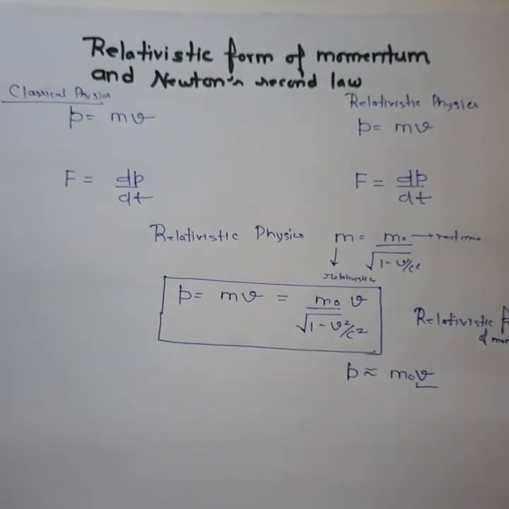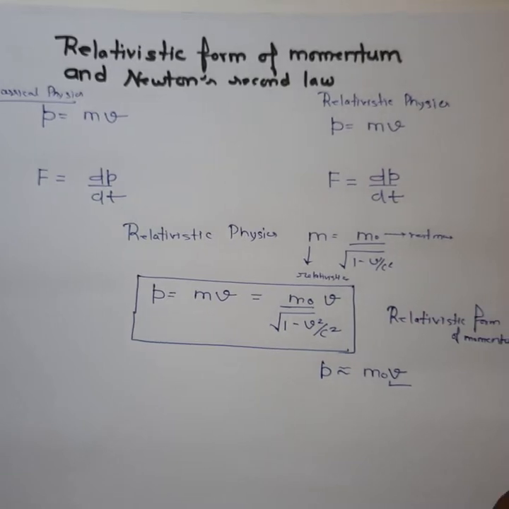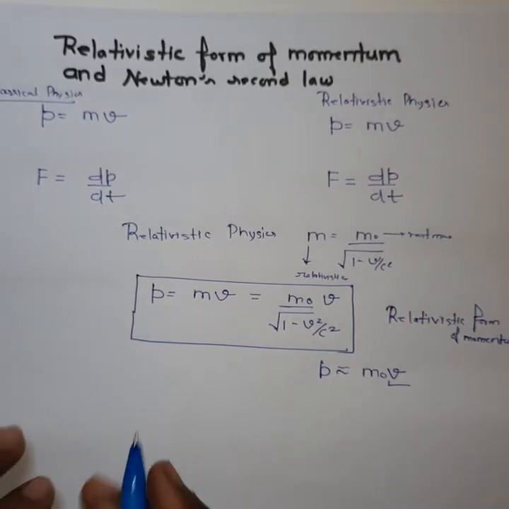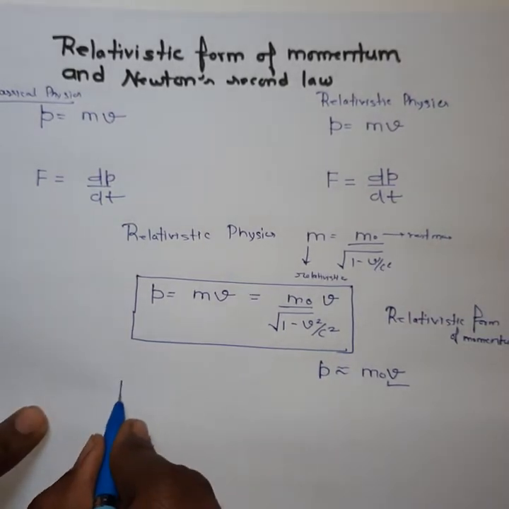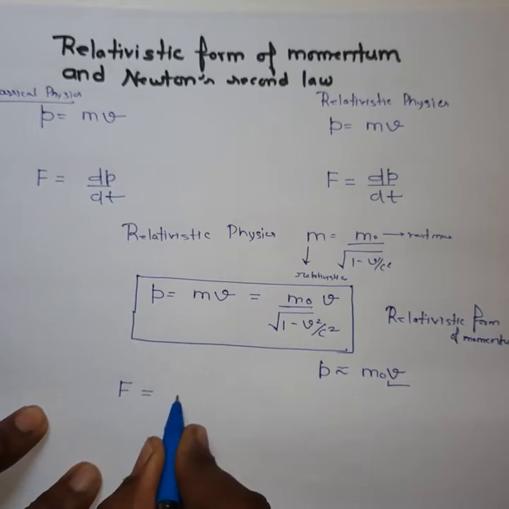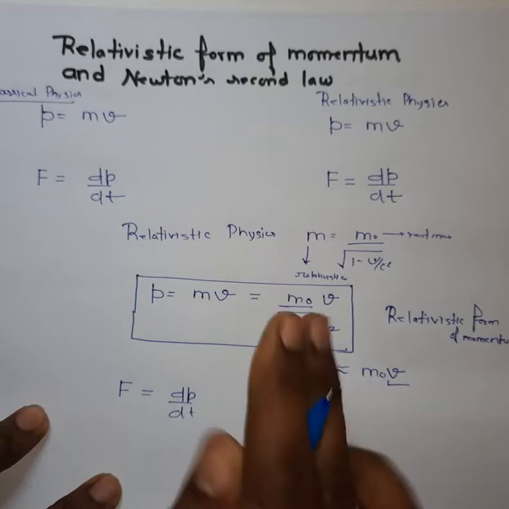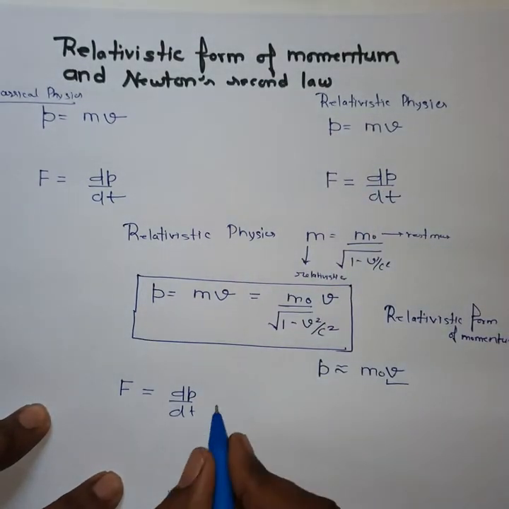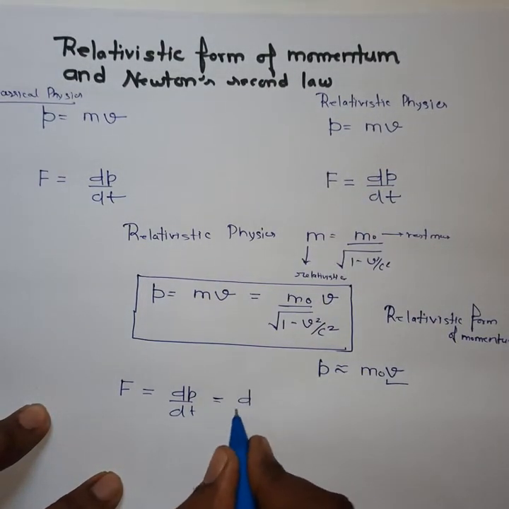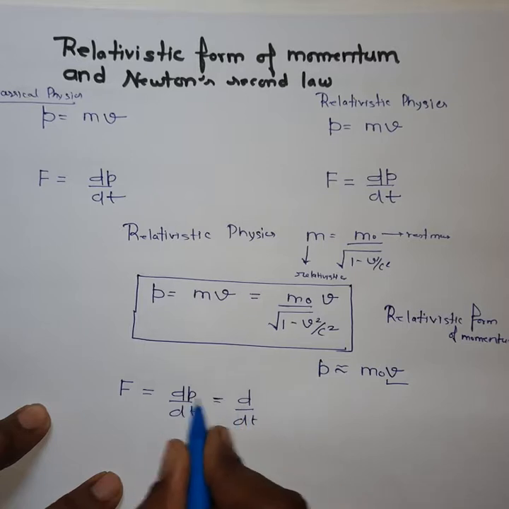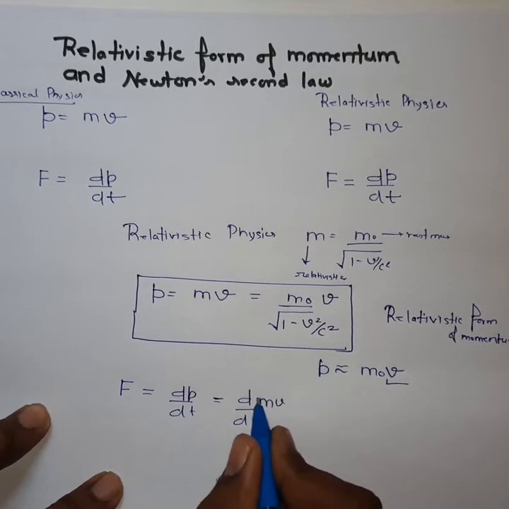Now let's discuss force. Again, the force in relativistic physics is defined as dp/dt, as it was defined in classical physics. But one thing changes, that is here p = mv.